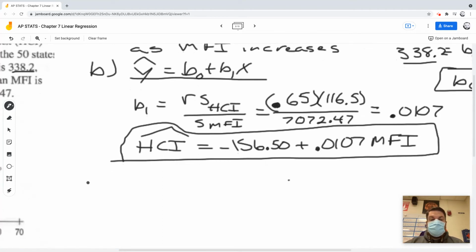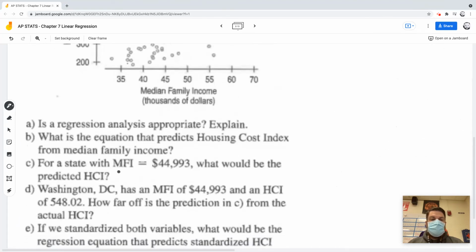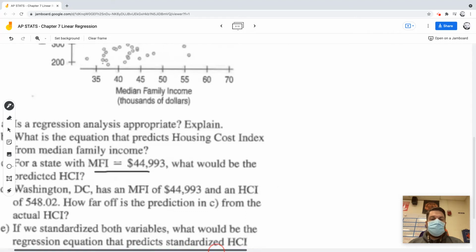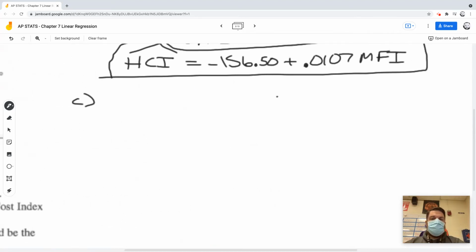For part C, I bet you they ask us to make a prediction. Part C says, with a median family income of 44,993, what would be the predicted housing cost index? So we're just going to use the same equation that we have here, right?